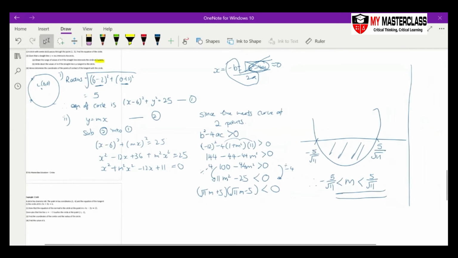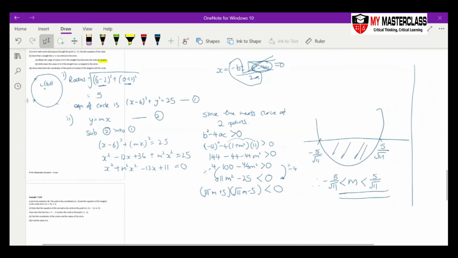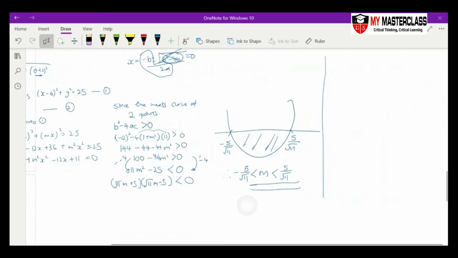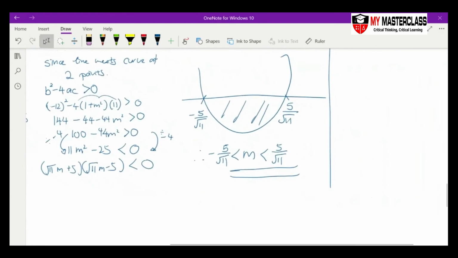So there's one more part that says if the straight line is a tangent to the curve. When the line is tangent to the circle, b squared minus 4ac equals 0. You can start at the point whereby 100m squared minus 25 equals 0.